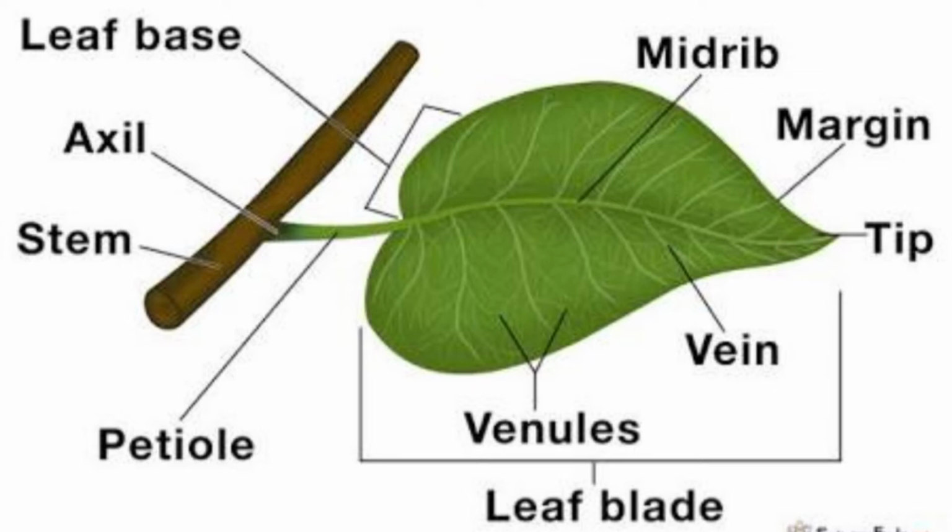Next is the stem. Stem is the part which supports the plant and it also transports water and minerals to the leaf. Next is the axil. Axil is the angle between the stem and the stalk. Now the leaf base. It is the point of attachment of the stalk to the stem.